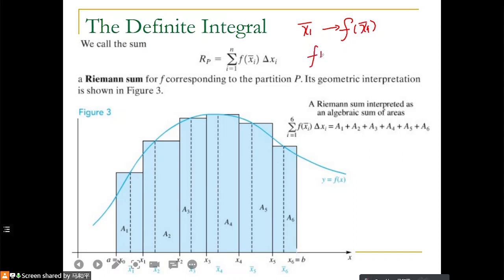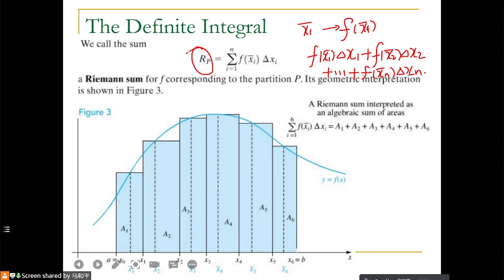We take f(x1 bar) times delta x1, the length of the first subinterval, plus f(x2 bar) times delta x2, and so on, up to the last one, f(xn bar) times delta xn. We write this R_P. This is the Riemann sum for f corresponding to the partition P.